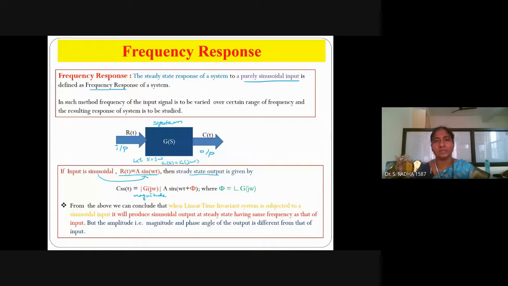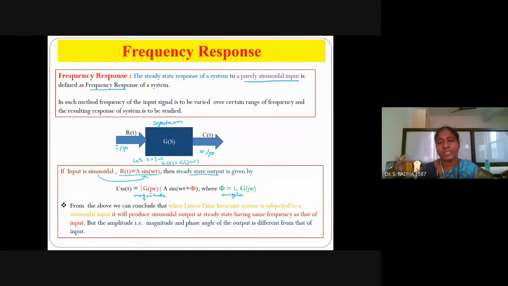This we are making as an assumption. S equal to j omega, we are making assumption. Then in the place of s, we are putting j omega. So G of s can be written as G of j omega. Now we are calculating the magnitude of G of j omega, and here this is the phase angle of G of j omega.